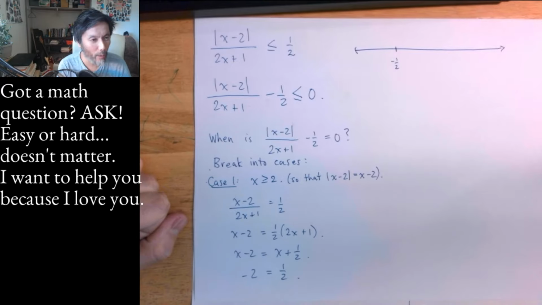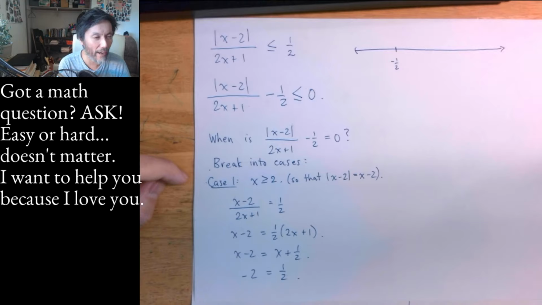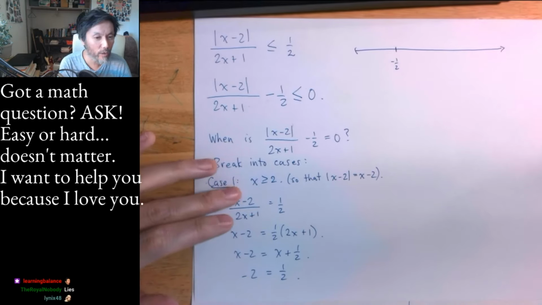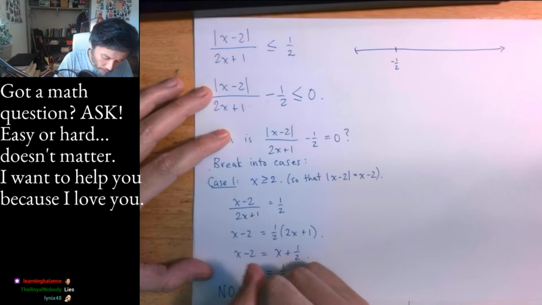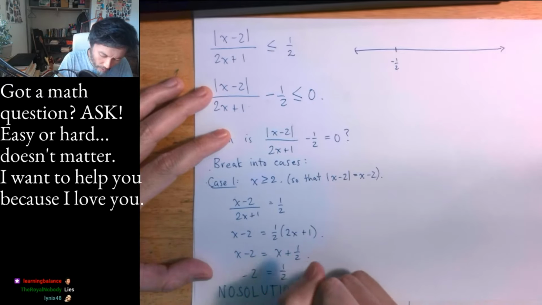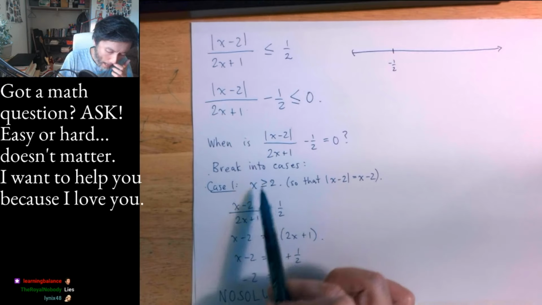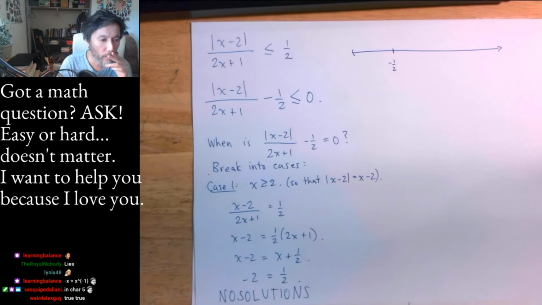But you know, as well as I know, that negative 2 is not equal to 1/2. What does that mean? That means that there are no solutions to this equation when x is greater than or equal to 2.